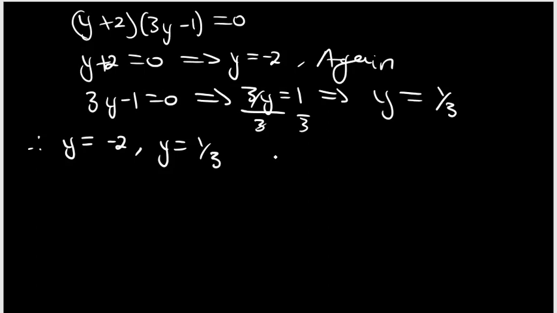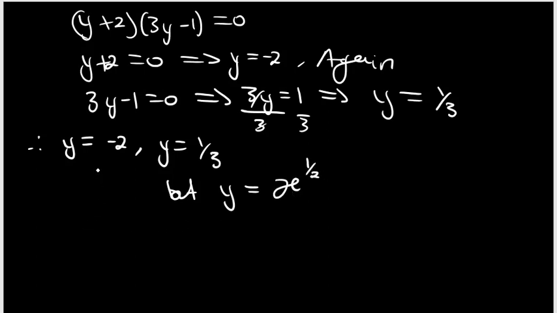But from the question, we are not solving for y. Y is not our main variable that we are solving. We are solving for x. But our y is equal to x exponent half.